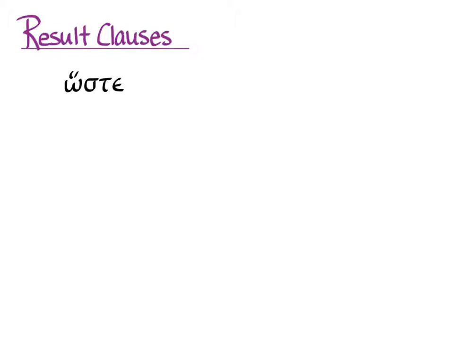There are two kinds of Greek result clauses. One is hoste and the indicative, which indicates an actual result, something that actually happened as a result of the things occurring in the main clause, or that actually will happen as a result of the things in the main clause.